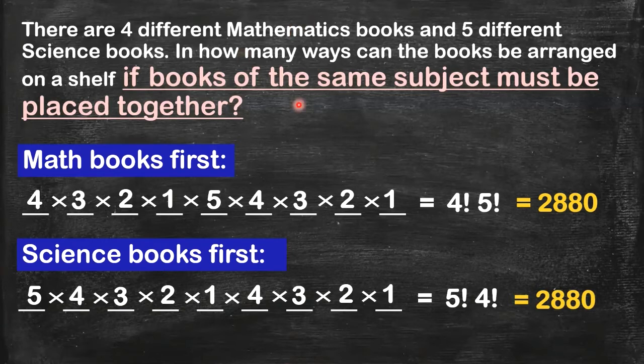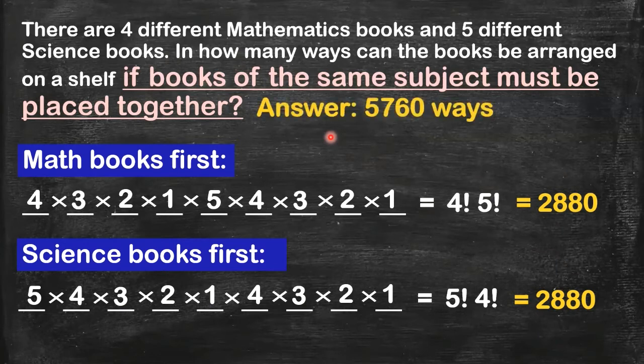How many ways can the books be arranged on a shelf if books of the same subject must be placed together? All you have to do is to add the number of ways kapag math books muna and the number of ways kapag science books naman ang mauuna. And you will be getting 5,760 ways.